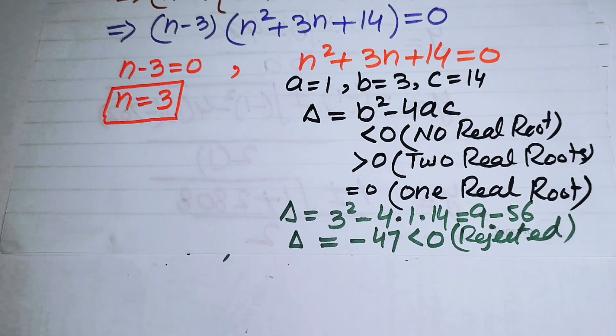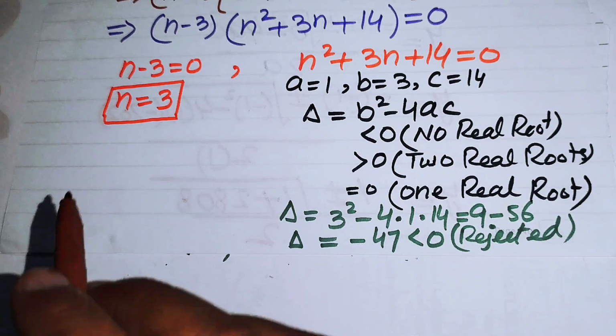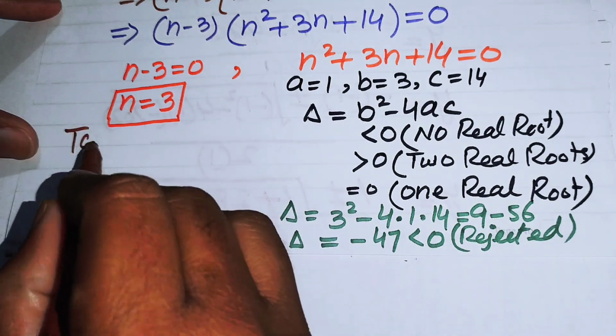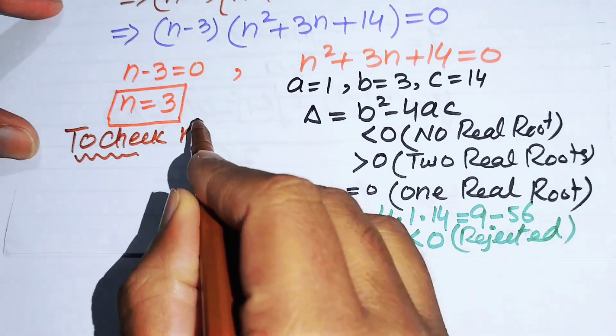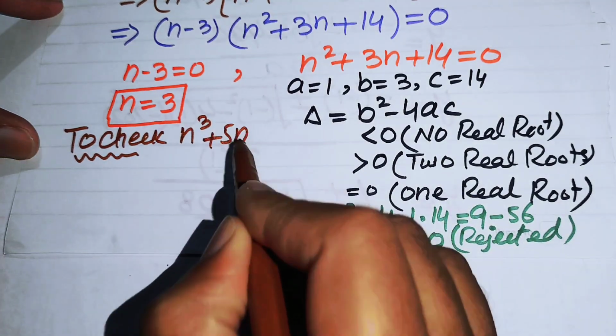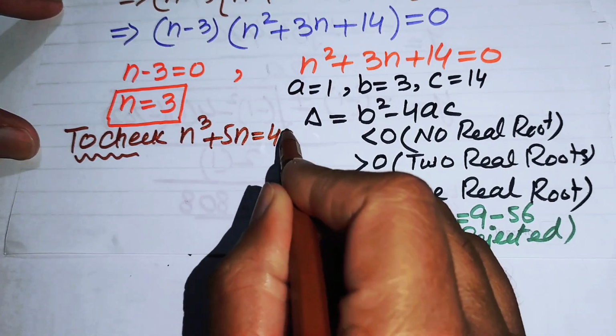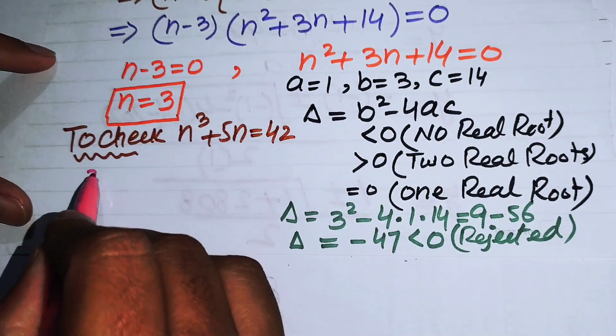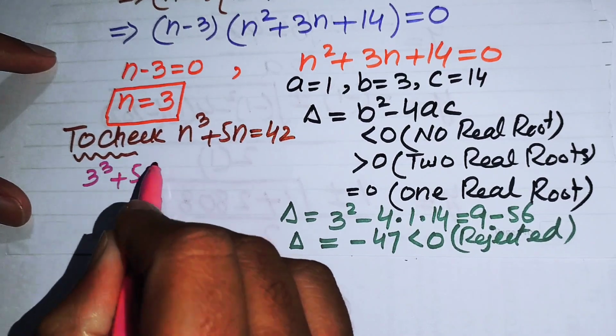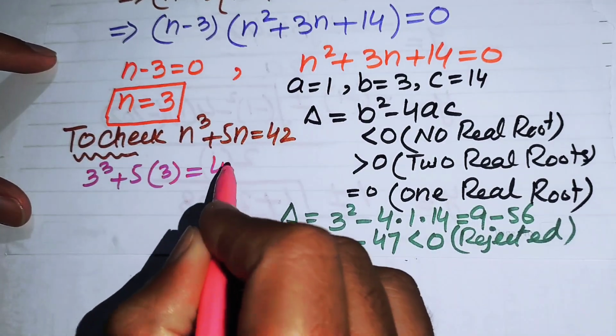And now we can check this solution. Does this solution satisfy the given question or not? So our given question statement is n cubed plus 5n equals 42. And now we can put here n equals 3. So when you substitute n equals 3, then you obtain 3 cubed plus 5 times 3 equals 42.